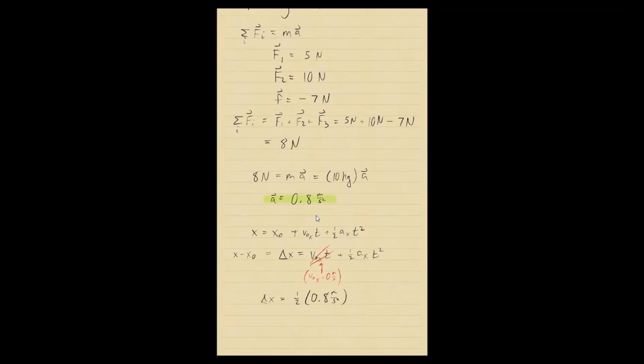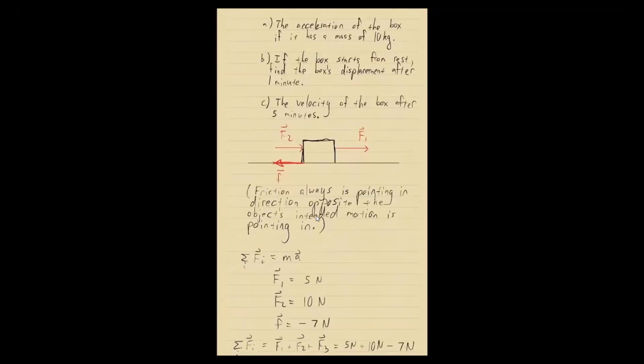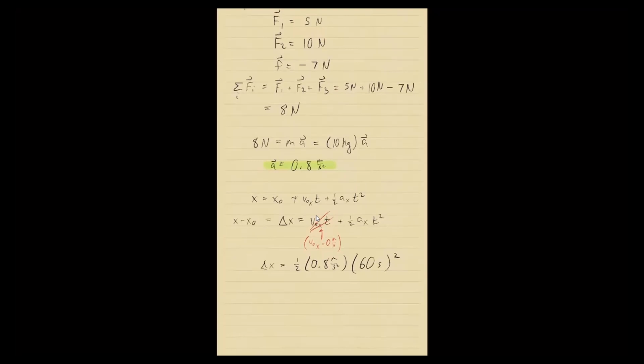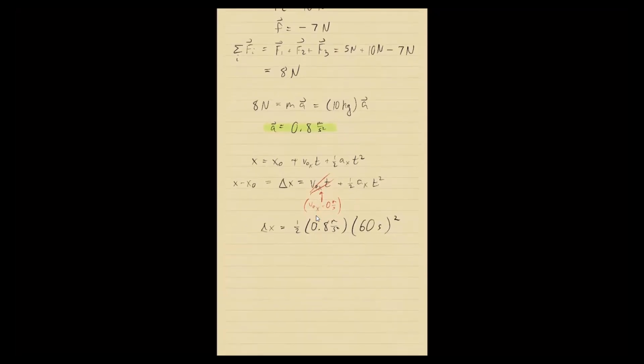Now our time is going to be 1 minute, but we know that 1 minute is equal to 60 seconds. So I'm just going to do a little bit of unit conversion on the fly there. And so when you multiply all this together, you get a displacement, delta X, a displacement of 1,440 meters.